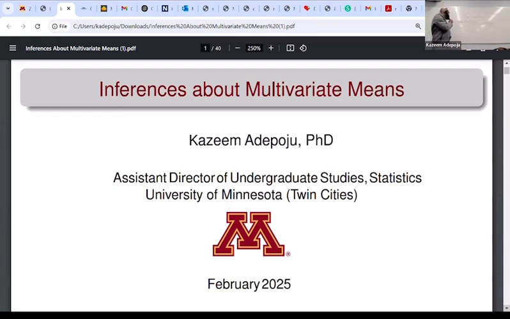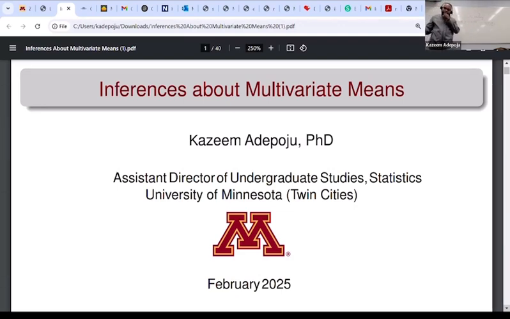Not only that, we may also want to construct simultaneous confidence intervals, where we have a confidence interval for this and for that at the same time. When we're doing that, we're making inferences about multivariate means.